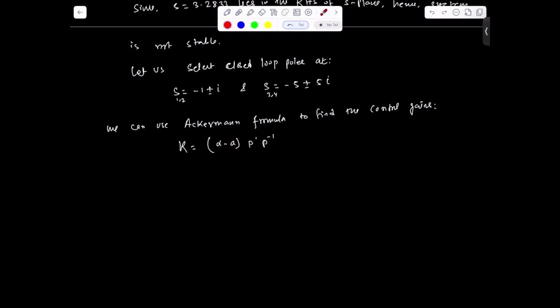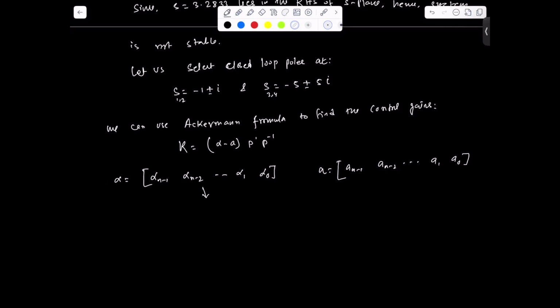So here alpha is nothing but what you did in the last lecture. Alpha is alpha n minus 1, alpha n minus 2, up to alpha 1 and alpha naught. And a is a n minus 1, a n minus 2, up to a 1 and a naught.